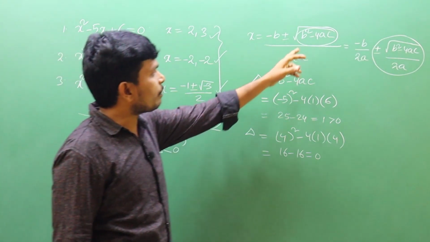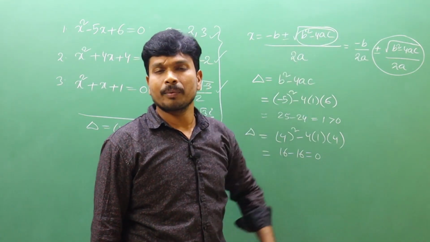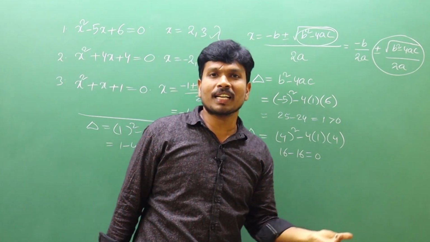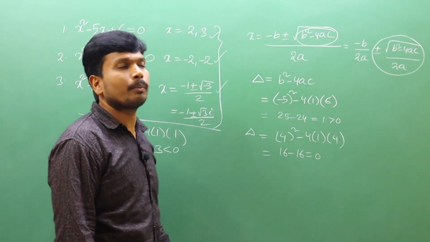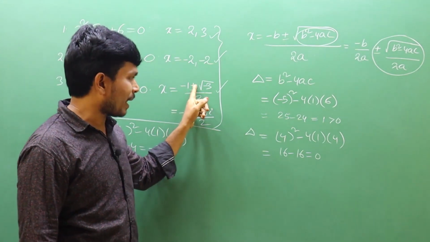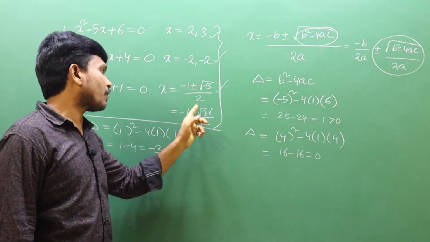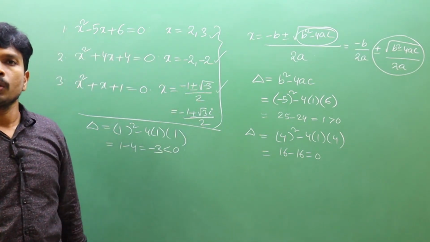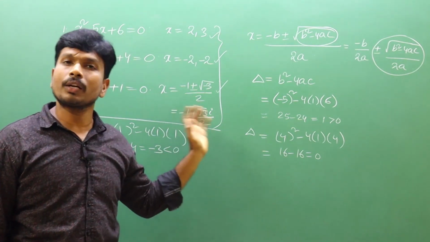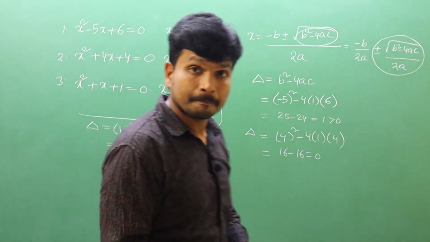See here, b square minus 4ac negative, then definitely it is a square root of minus 3. Square root of minus 3 is nothing but an imaginary number. So with plus you take it, one number you will get: minus 1 plus root minus 3 by 2. Another value is minus 1 minus root minus 3 by 2. So that's why here also you got two roots, but those two are conjugates to each other.